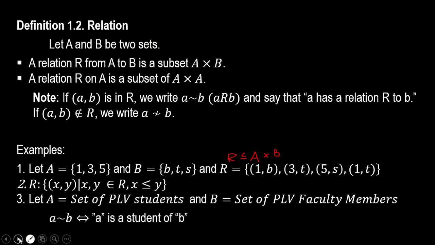In this case, we can say that A has a relation R to B, or A is a student of B. For instance, you, as my student in college and advanced algebra. Let's say Irvin is a student of Sir Justine Asuncion. Maxine is a student of Sir Justine Asuncion. Marie Chris is a student of Sir Justine Asuncion, and so on. All of you, you can put your name to A and then my name to B, and your other professors.